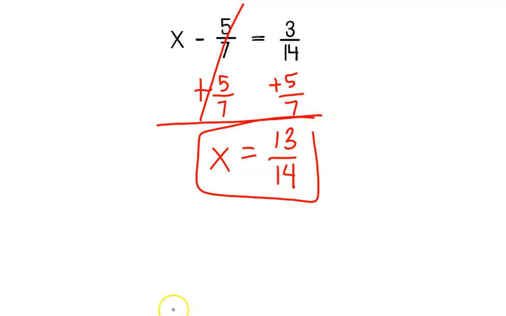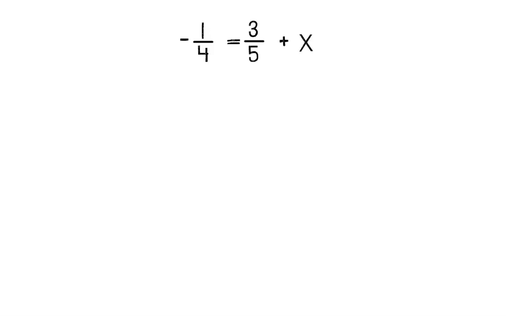Let's take a look at another question. Locate your variable. Find your constant. Now, a lot of times I'll see kids do this because they think that's the operation, and so they write the opposite of it. But unfortunately, that plus sign belongs to the x and has nothing to do with the 3/5.